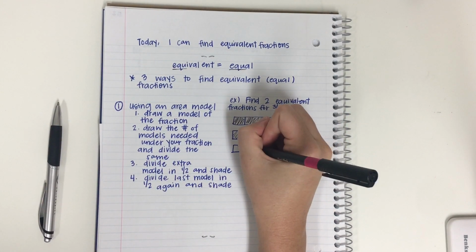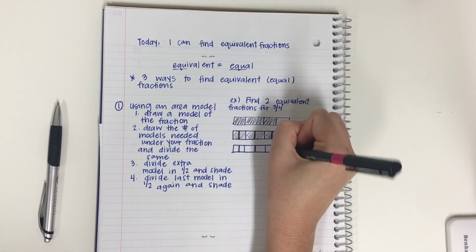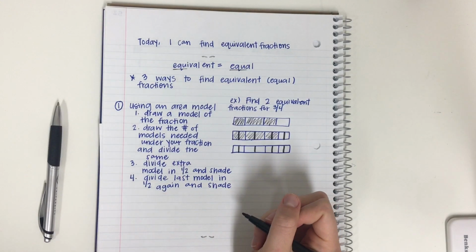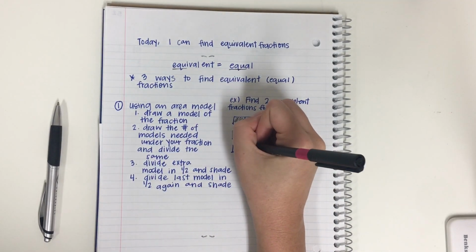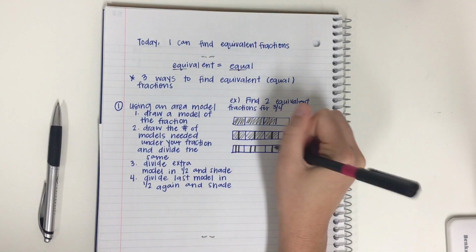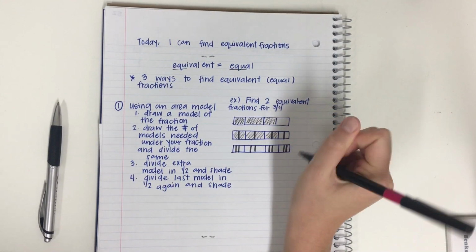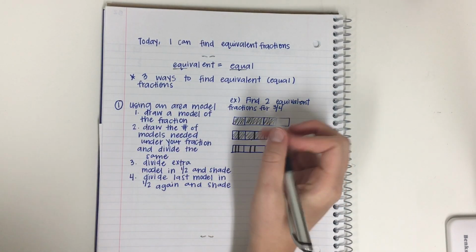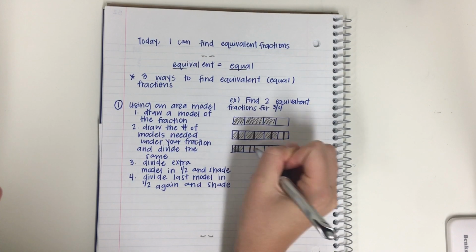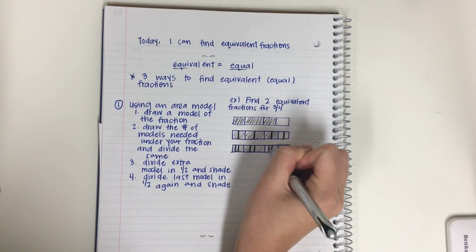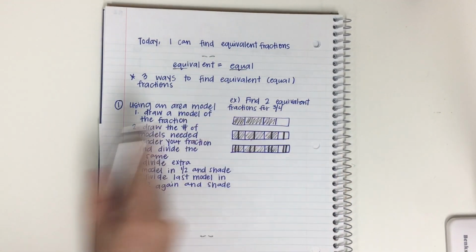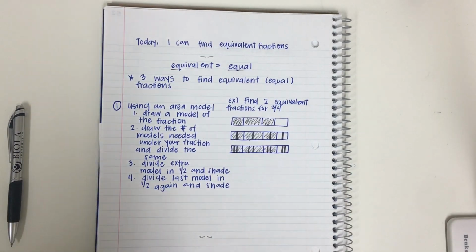So I divided this one in half, just like the other one, but now I need to do it again, so I'm going to do another line. Divide it in half again, and then shade again. So shade 1, shade 2, shade 3.